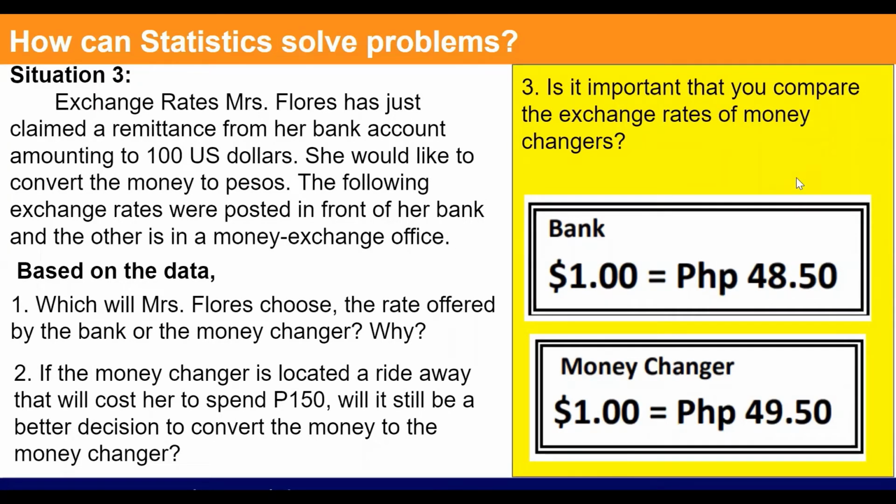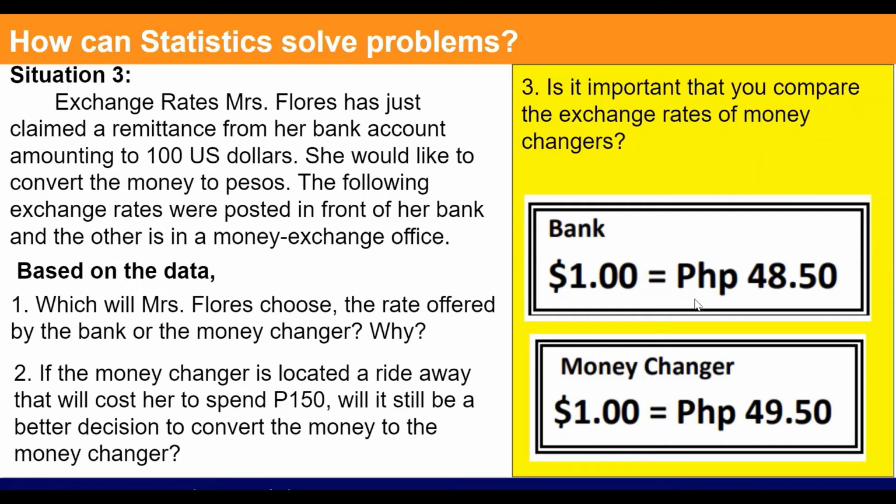If Mrs. Flores will convert the money in the bank, the equivalent amount will be $100 times 48 pesos and 50 centavos, equal to 4,850 pesos. If she visits the money changer, the amount will be $100 times 49 pesos and 50 centavos, equal to 4,950 pesos, which is 100 pesos more than the bank's offer.